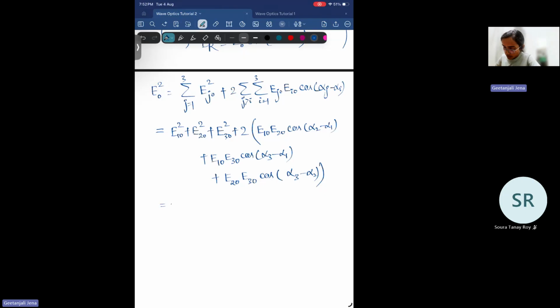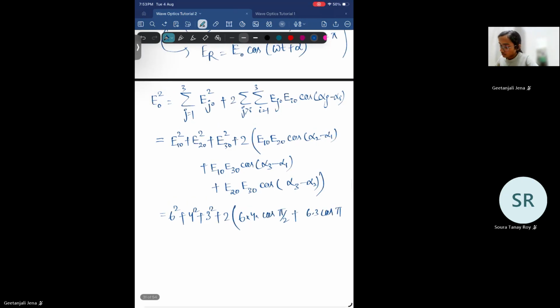So this will be 6 square, 4 square plus 3 square plus 2, 6 into 4 cos pi by 2, 6 into 3 cos pi plus 4 into 3 cos pi by 2.